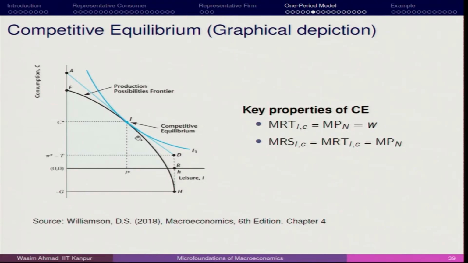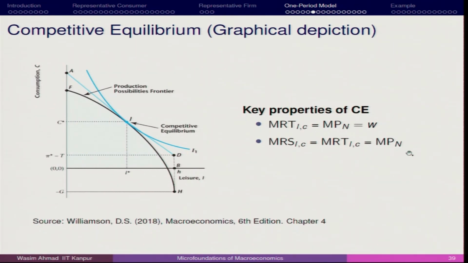The marginal rate of transformation of labor to consumption is equal to the marginal product of labor, and labor will only work when he gets the wage. So the marginal product of labor is equal to the wage. This criterion is just the exchange of hands. So MRS LC is equal to MRT LC is equal to MPN, and MPN is equal to the wage rate.